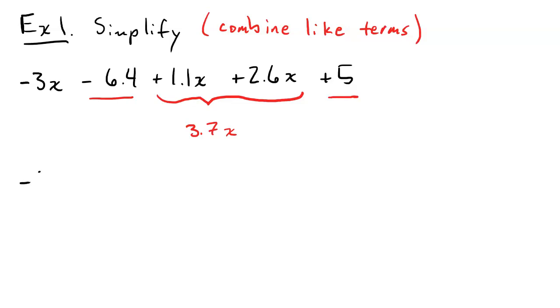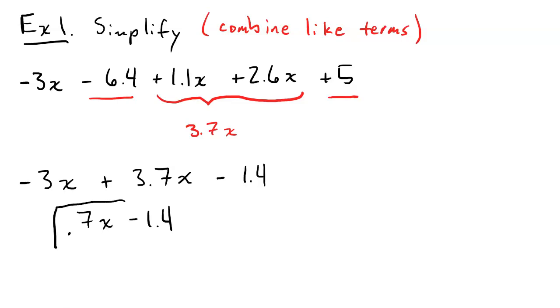We have negative 3x plus 3.7x. And then, like I said, negative 6.4 and 5 is negative 1.4. Okay, and then we just combine it to 0.7x minus 1.4. Now notice that we didn't get an answer that says x equals. That's because we're just simplifying.